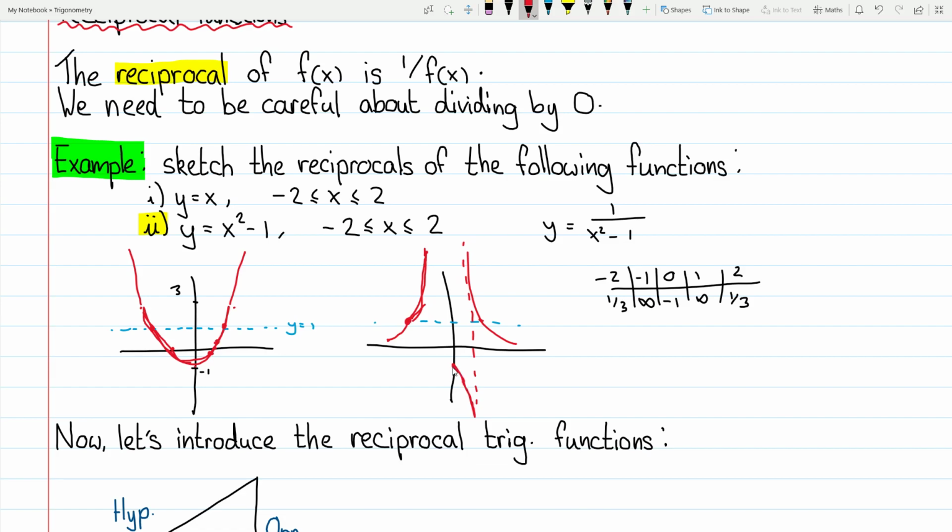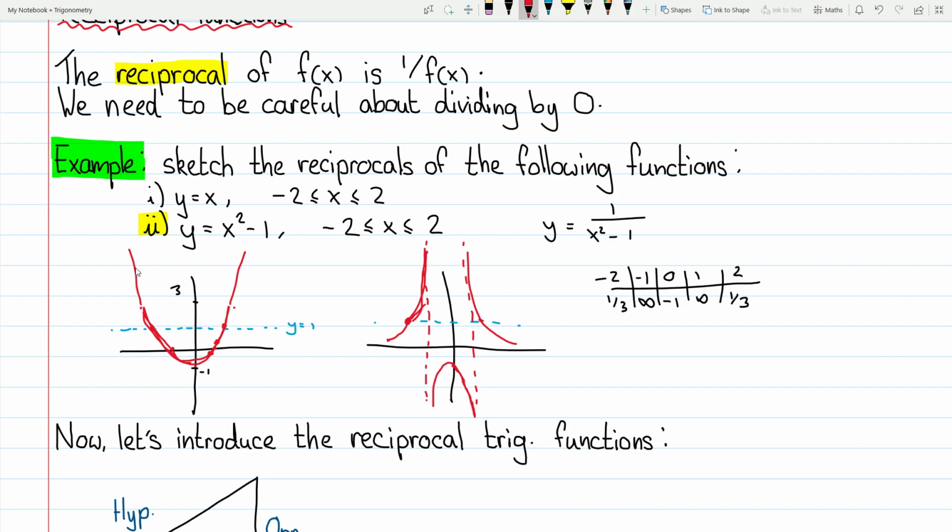So that'll give us negative 1. So 1 divided by negative 1 is negative 1. And then we sort of zoom off this way.